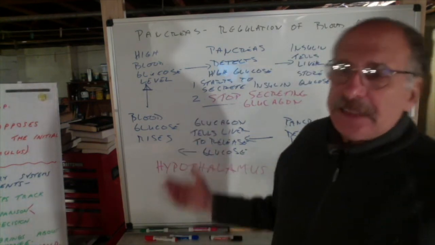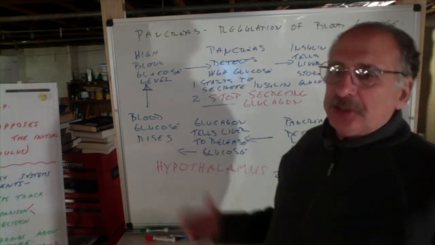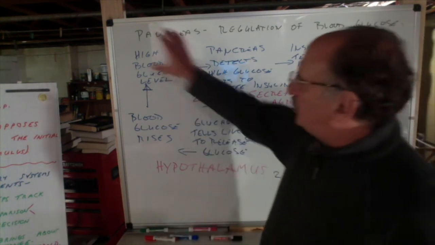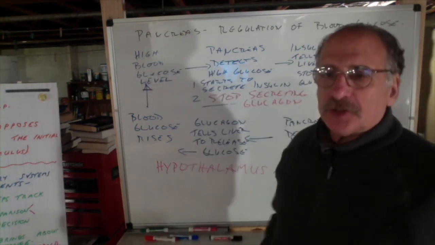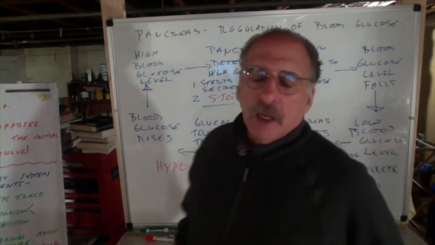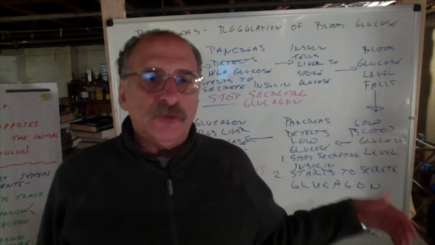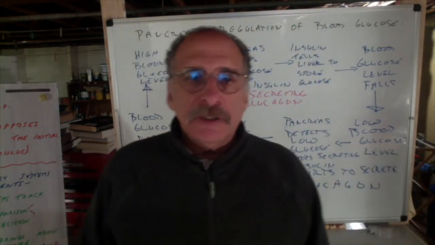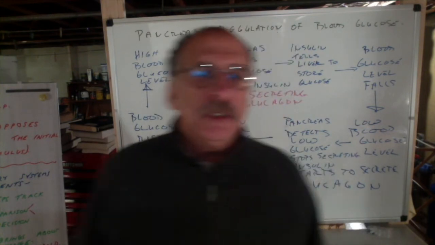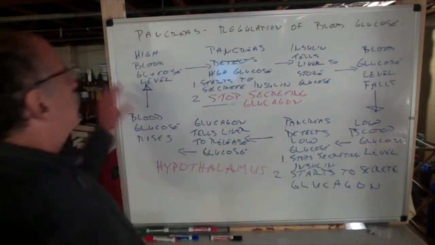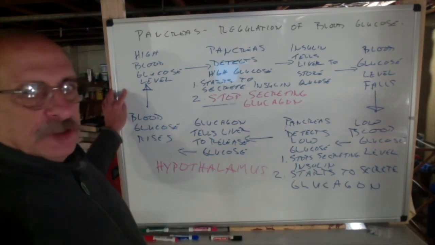So as I told the story, the initial condition was a high blood glucose level. But I could have started anywhere, and in a few minutes I'll start someplace else in the diagram just to show you what I mean. But for now, I'm going to call this high blood glucose level the initial condition.